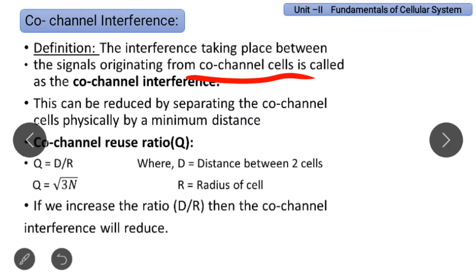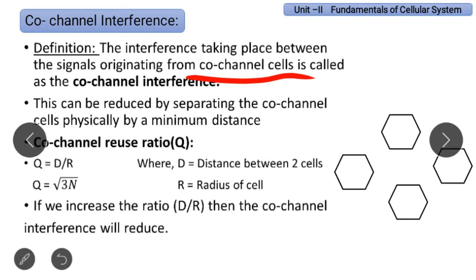So we have some relations. We have the co-channel reuse ratio. For what purpose? We want to minimize this co-channel interference. So what is the relation between distance and radius? Q is called the co-channel reuse ratio.